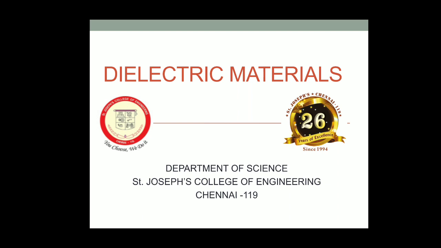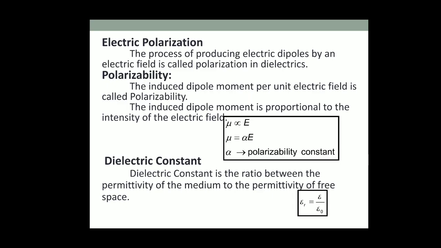In the next slide, we are going to discuss the fundamental definitions. The very first one is electric polarization. Let us consider an atom placed in an electrical field. The center of positive charge is displaced along the applied field and the center of negative charge is displaced in the opposite direction.